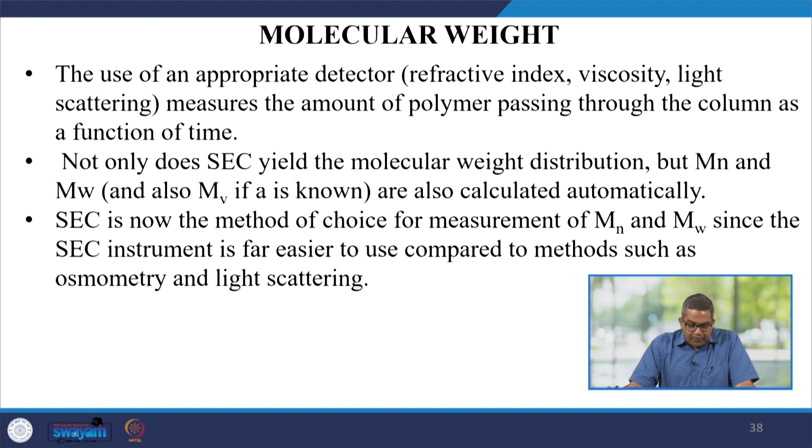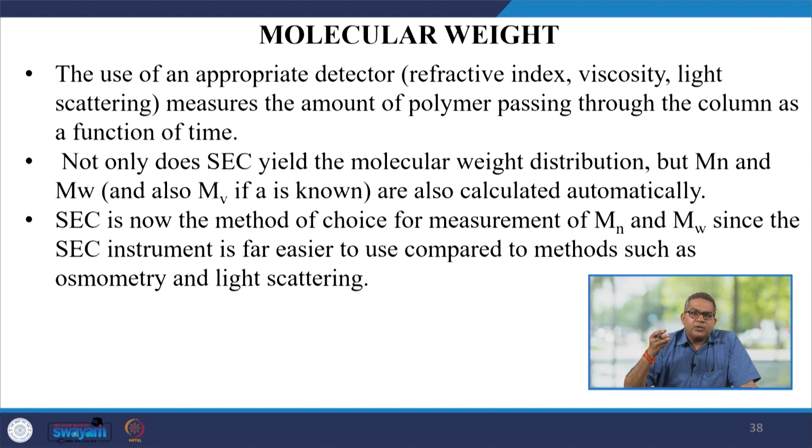The use of an appropriate detector is very important to detect the polymer. Refractive index, viscosity and light scattering detectors measure the amount of polymer passing through the column as a function of time. So, not only does SEC yield the molecular weight distribution, but the number average, weight average and also the viscosity average are calculated in situ.